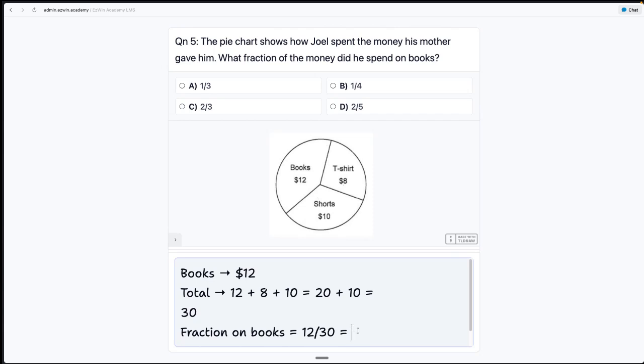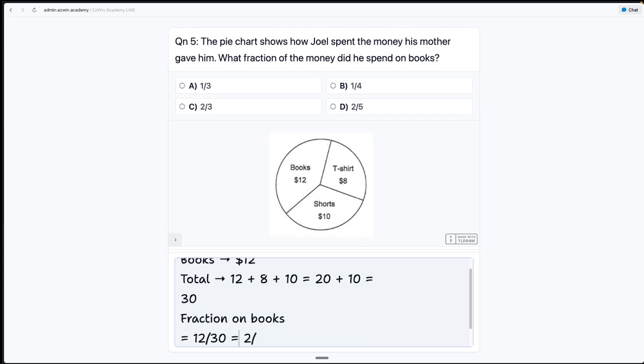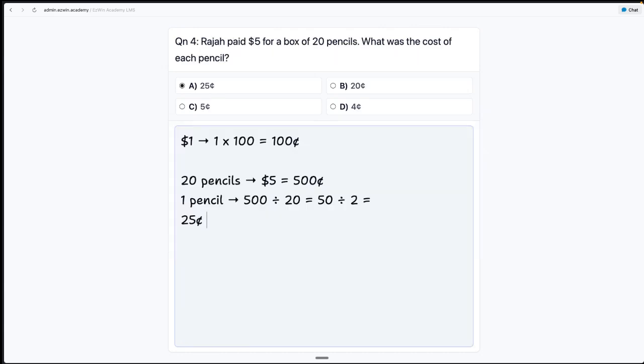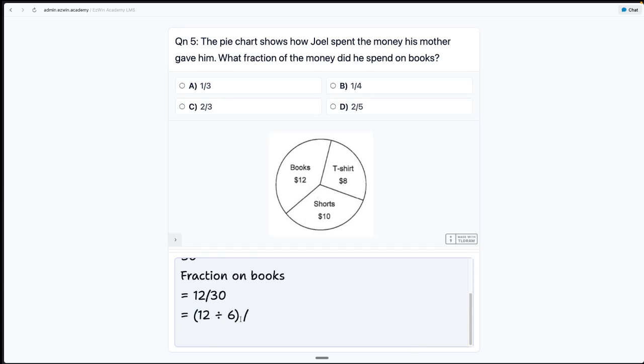So then this will become 2 over, so 12 divided by 6, and then we do the same over here, so this will be 30 divided by 6.